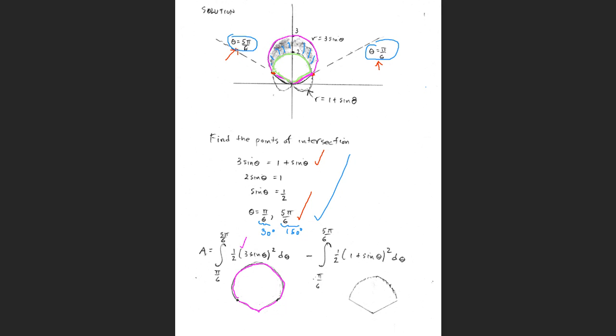So this region has this integral, and the limits go from pi/6 to 5 pi/6. If you subtract this region from this region, you're going to get the shaded region in the picture above, that blue shaded region that you see.